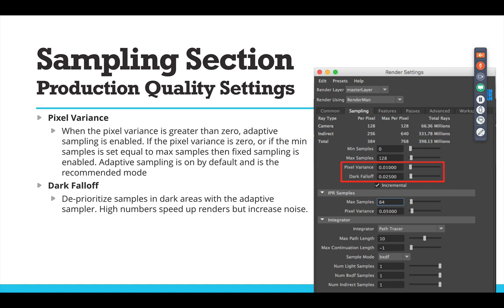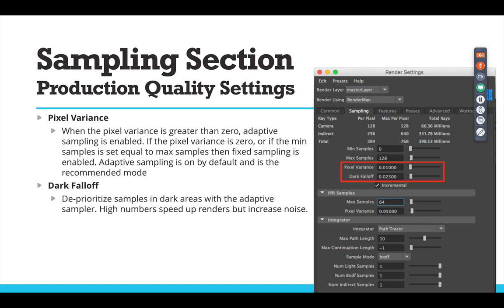All right? These numbers are always going to be decimal numbers here. All right, as you increase this number, you're basically raising the threshold. Which means the difference between a pixel in one pass and a pixel in another pass has to be greater for it to stop rendering.